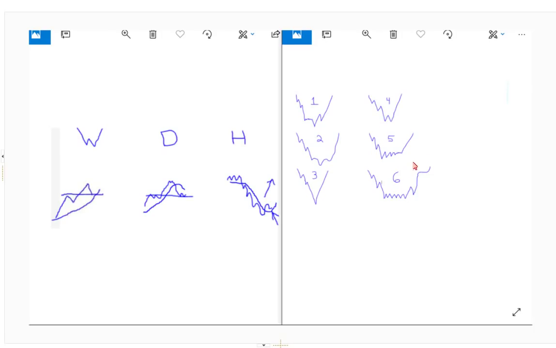Number five is the ascending wedge pattern at a major support area. And then number six is where it just chops around, puts in a base, and then we see a break above the base and a pullback to the top of the base for the first higher low, and then we see the trend change that way.